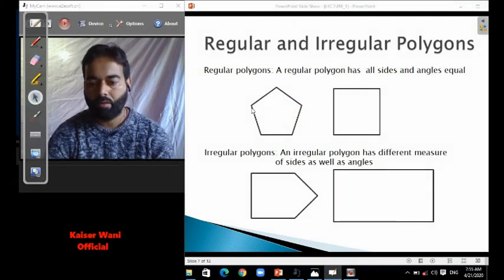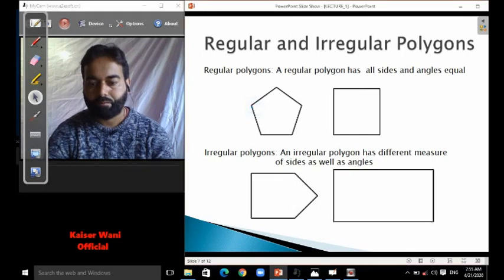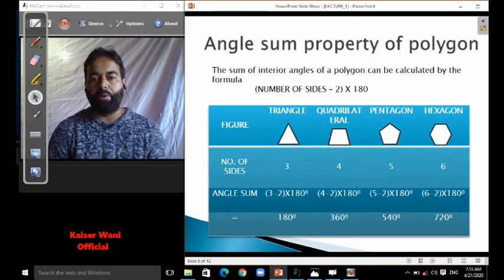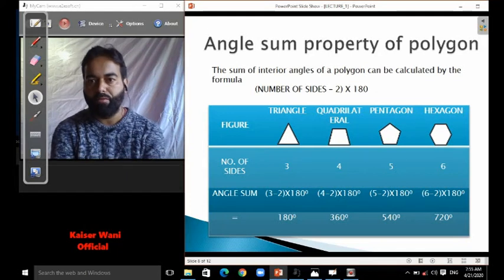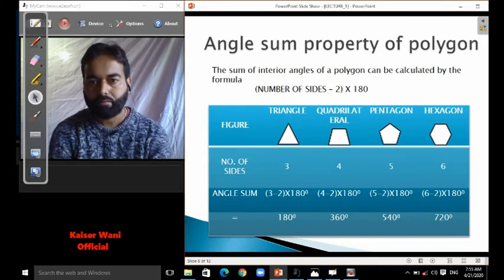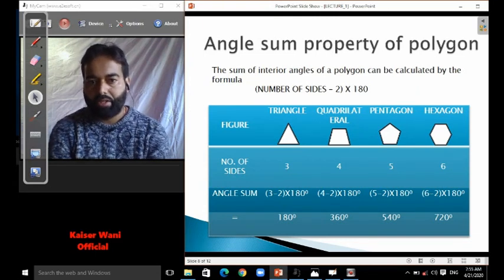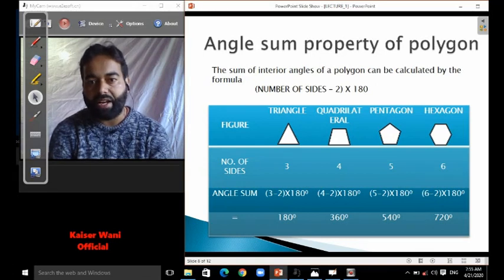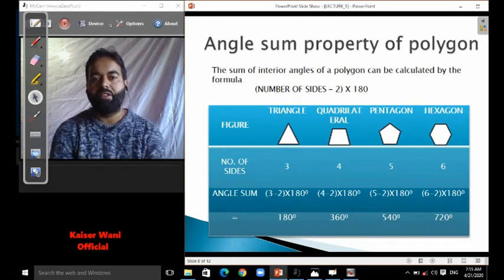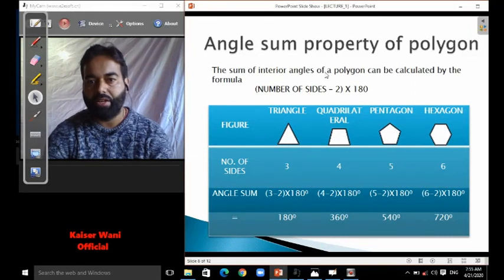Next, angle sum property of polygons. So, the sum of interior angles of a polygon can be calculated by the formula (number of sides minus 2) into 180.